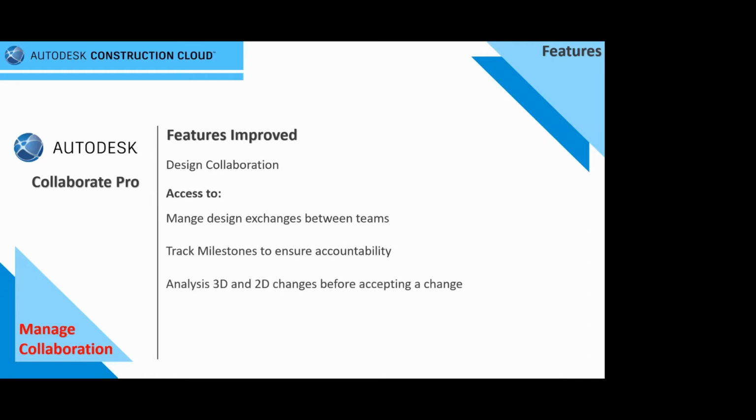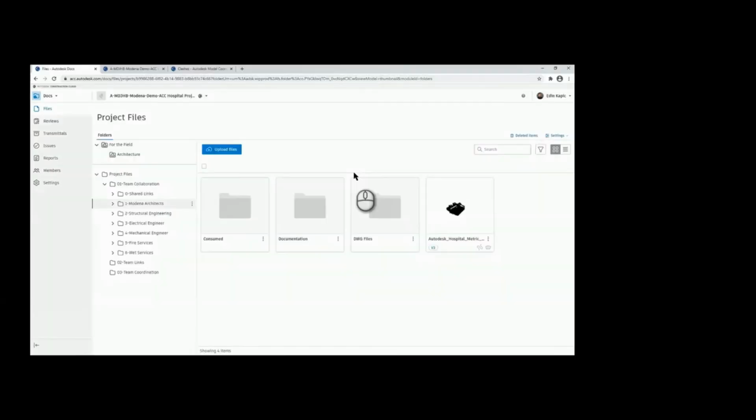So we understand changes in context between the aggregated model in a single space. And then with Collaborate Pro, you can connect your Revit, Civil 3D, as well as Plant 3D into the ACC Docs Hub. The idea here is that project administrators and project team members can work alongside each other and collaborate on their models online anytime, anywhere.